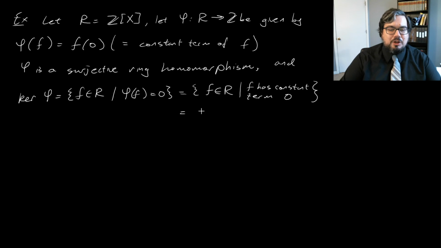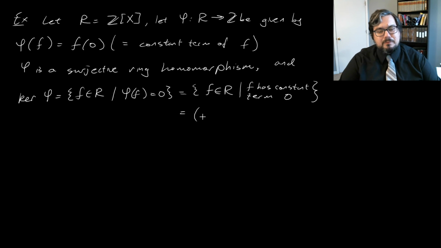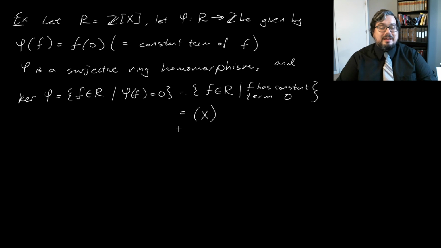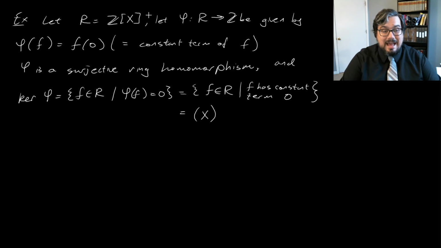Well, the set of all polynomials which have no constant term is actually the ideal generated by x. We know that the kernel of phi is an ideal. We just proved that. And in fact, it's the ideal generated by the single element x in this ring.